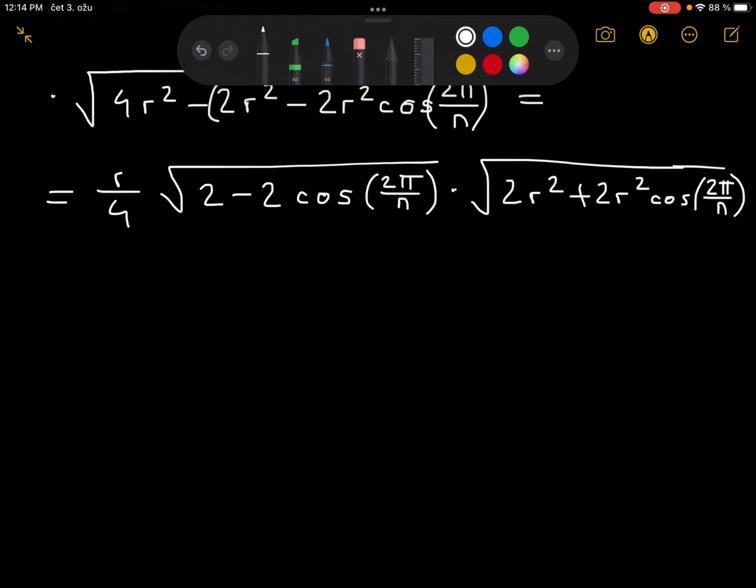Once we take the square root of this, we can pull out this r squared, and when we take out the square root, it will simply be r.